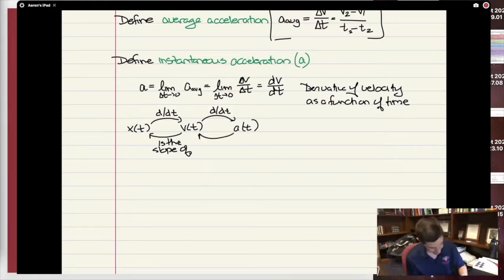Again, similarly, A is the slope of velocity as a function of time. If I make a plot of velocity as a function of time, the slopes that I calculate are then the accelerations, just how the slopes of position as a function of time were the velocities.